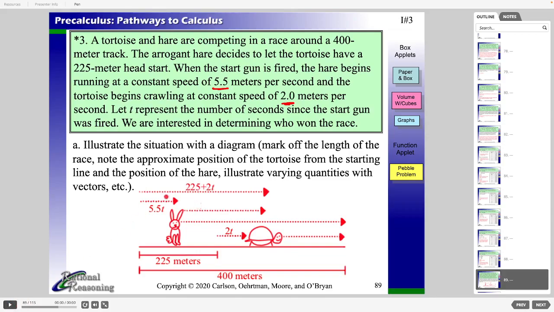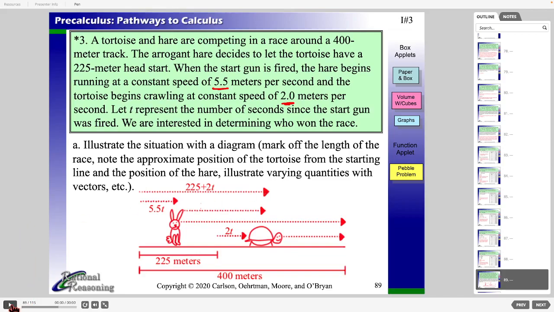And then as far as the time goes, the tortoise already has 225. So if we put 2 times the time, at this rate, that'll tell us where the turtle is at any given time value afterwards.